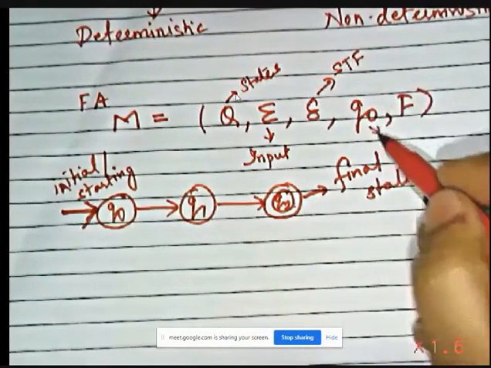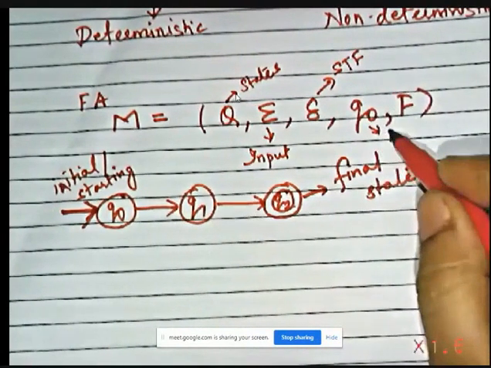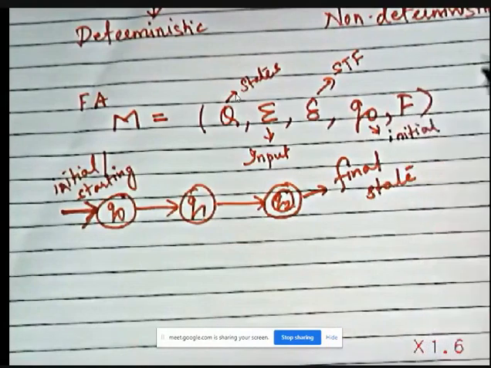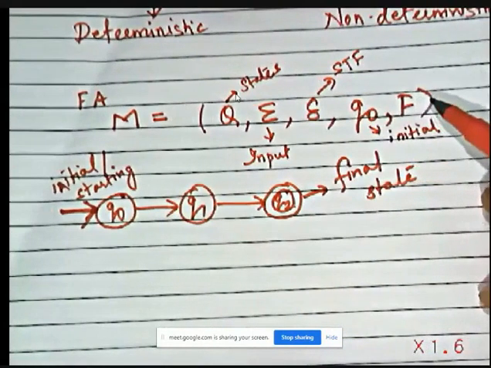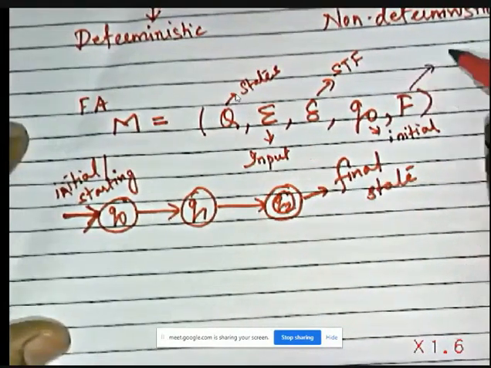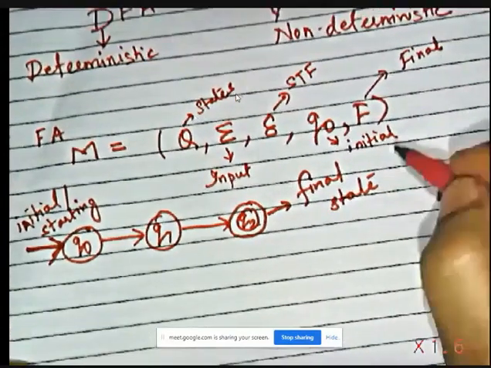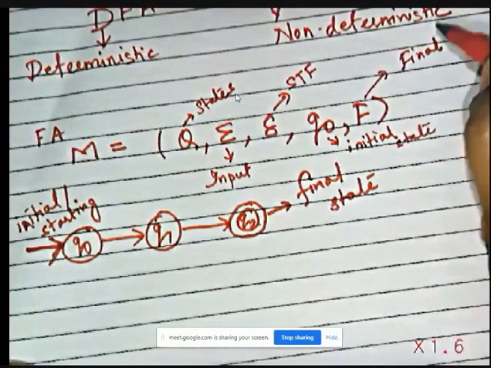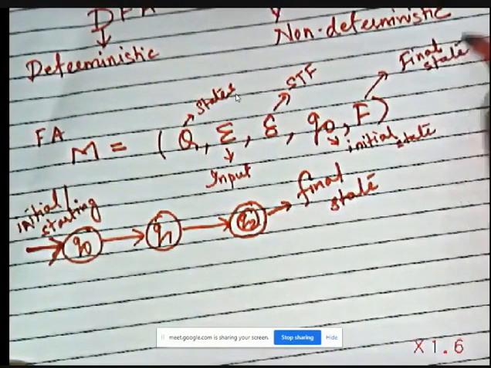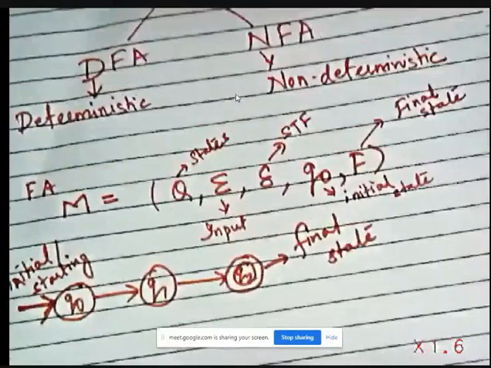Q0 is indicating your initial state and F is representing your final state. In this way we represent any finite automata. Is it clear to everyone?